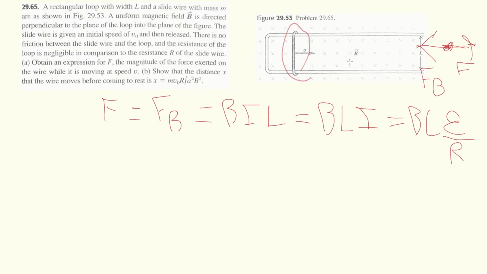Where did that induced voltage come from? Let's talk about that. According to Faraday's law, and again we're just looking at the magnitude, it's the change in the magnetic flux. In this case, it's not the magnetic field that's changing, it's the area.